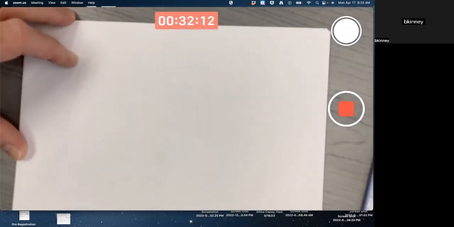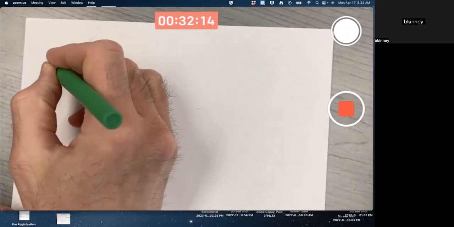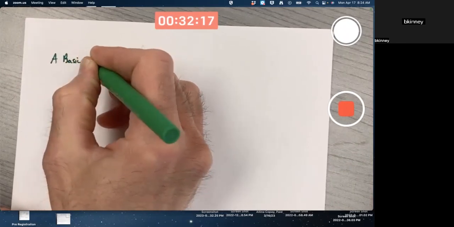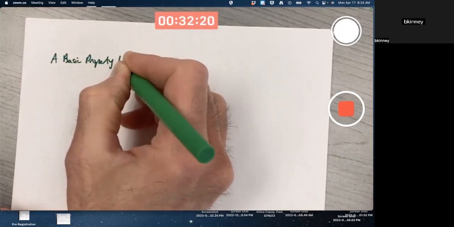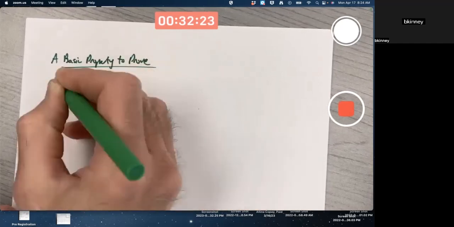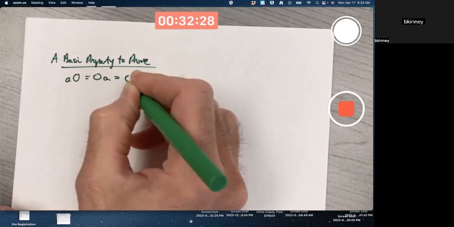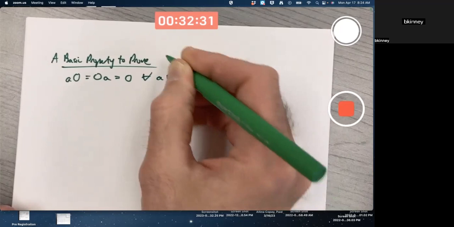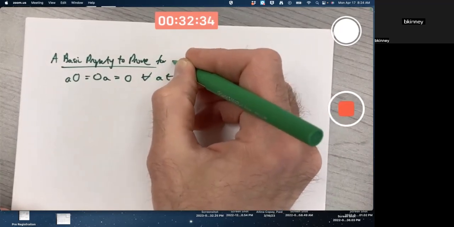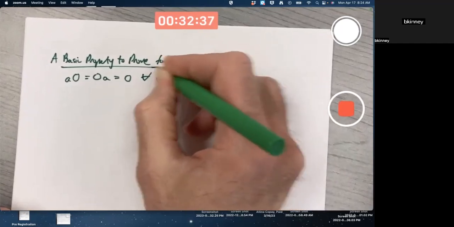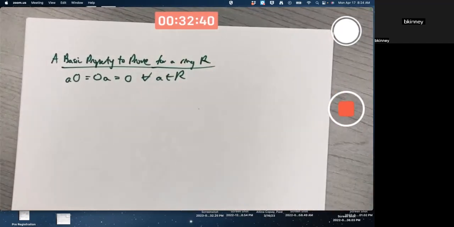Let's see. I always get a little nervous about these kinds of proofs because there's always some trick. So this is a basic property to prove, for a ring R. Just like I told you guys in probability and stats, technically you might say the easiest part of the course is supposed to be the beginning, chapters 1 and 2, with combinations and permutations.